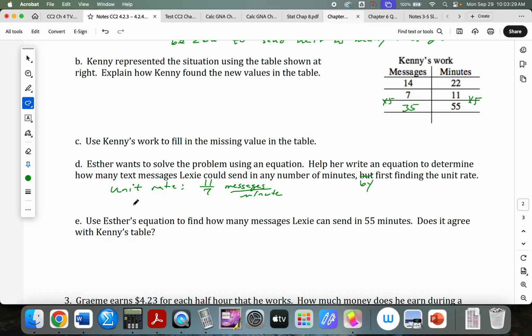So the number of texts is going to be equal to 11/7 times the number of minutes, where T is the number of texts and M is the number of minutes.